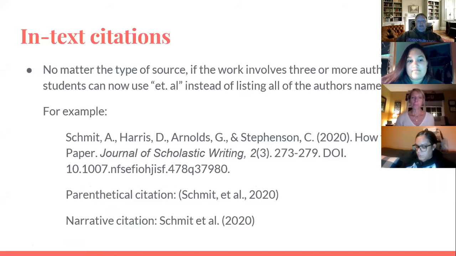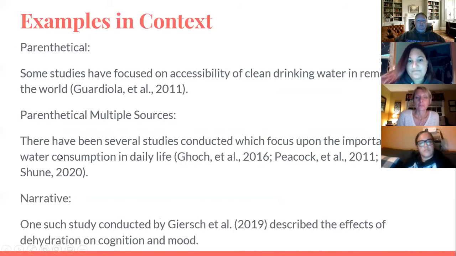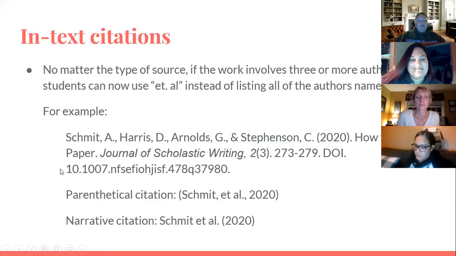The first information you see here about Schmidt, Harris, and Arnolds and Stephenson, this is what you'd have in your reference page. In your reference page, and then parenthetical and narrative, you have those options for in the body of your work.